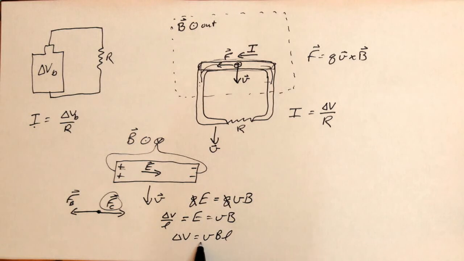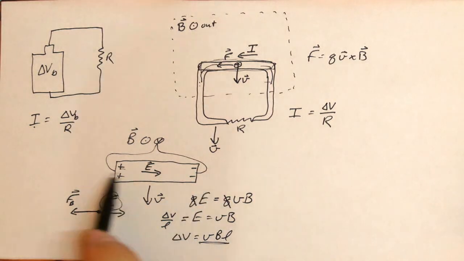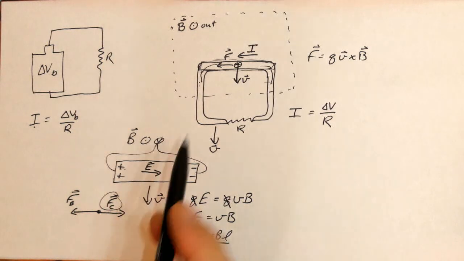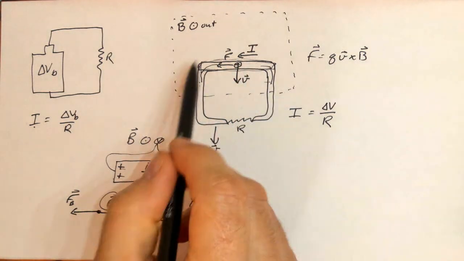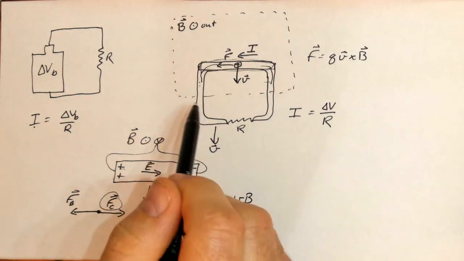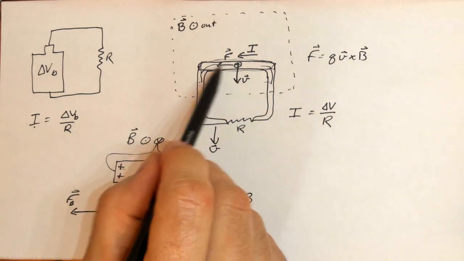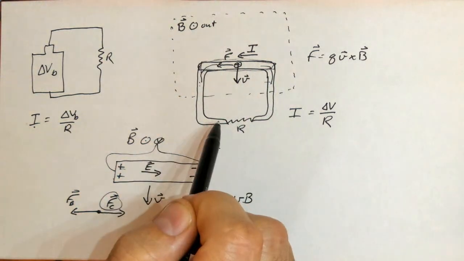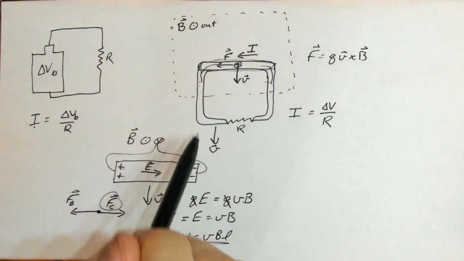That is the voltage I would measure across this length of wire as it's falling. And it is the same as here. That's the driving voltage across it. It's just a little harder to understand where the endpoints are because the current continues to flow. But in magnitude, it's the same size.